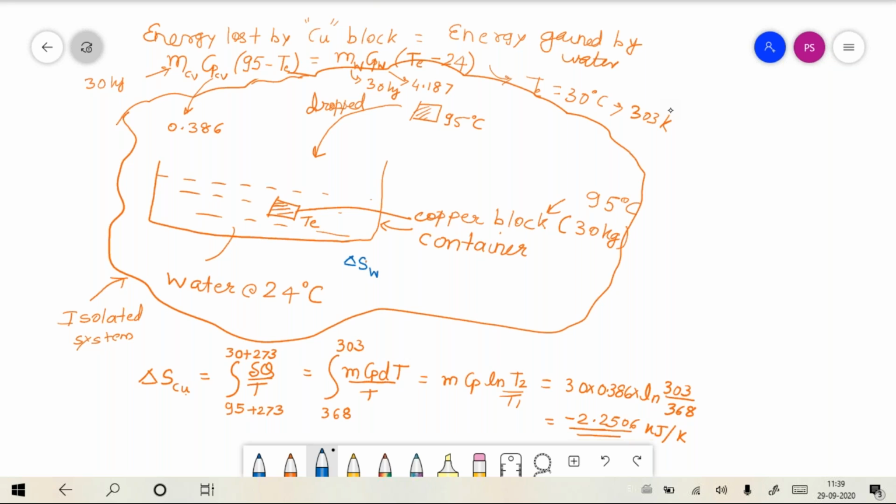Entropy change of water would be the integral of del q by T, from the initial temperature 24 plus 273 Kelvin, and the final temperature the water reaches is 30 degrees centigrade, so 30 plus 273. Okay.